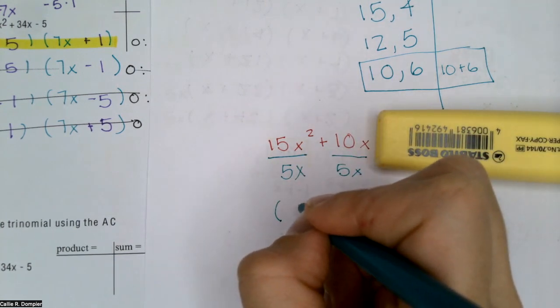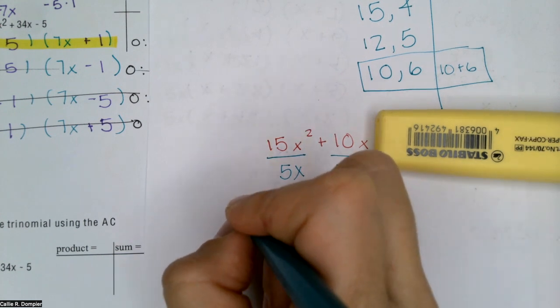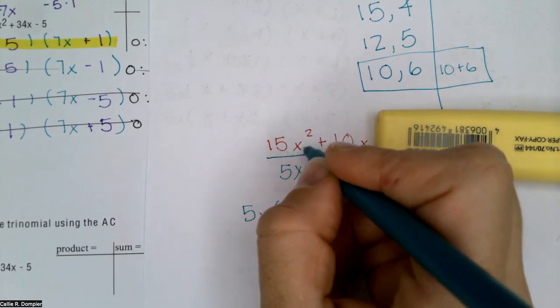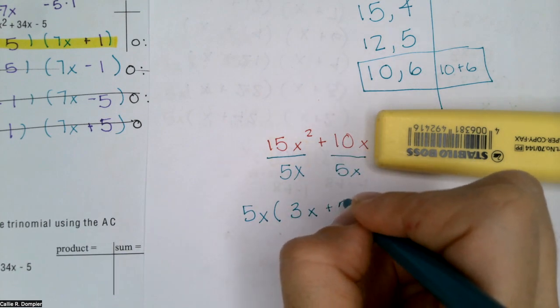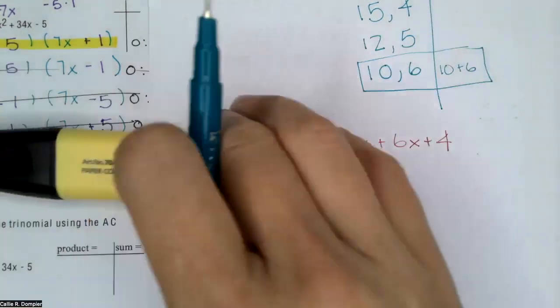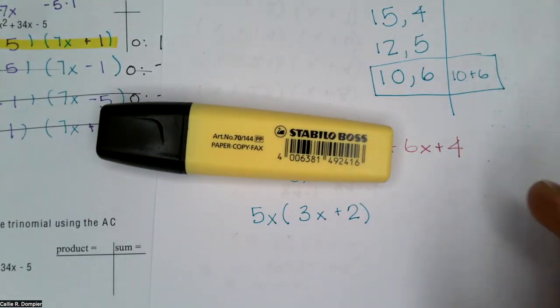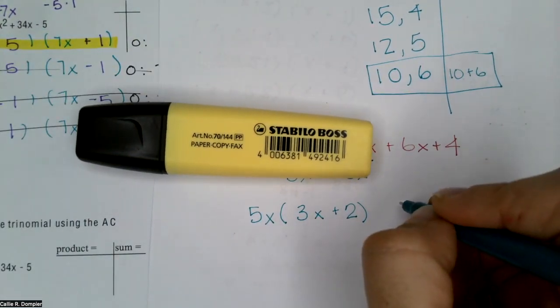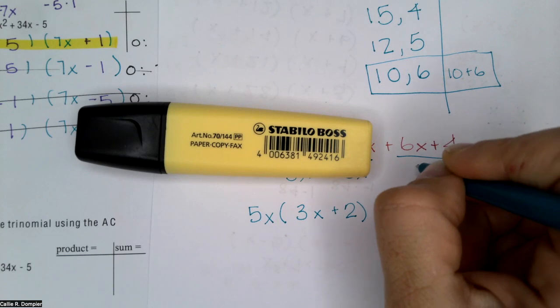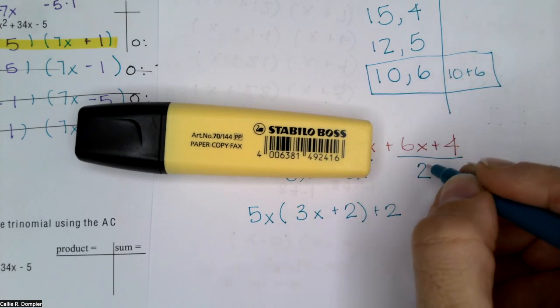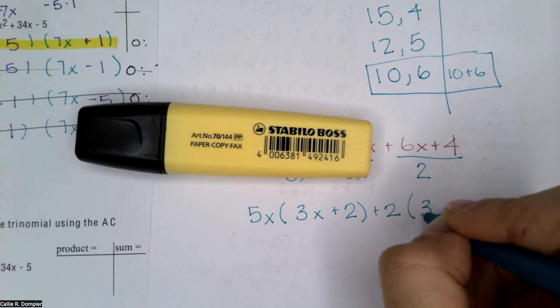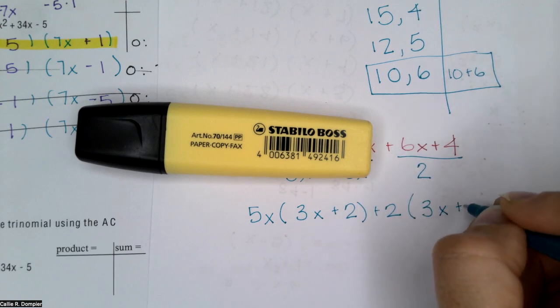So this is now 15x squared divided by 5x is 3x. 10x divided by 5x is 2. Get my other half, it's positive 6x plus 4. I can divide out a 2. Keep it the same sign. 6x divided by 2 is 3x. 4 divided by 2 is 2.